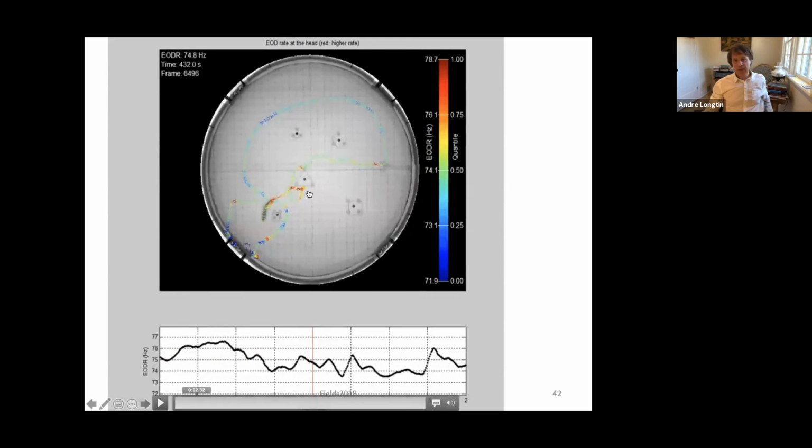So what happened here is that the food used to be here and it's no longer here. That's what we call a probe trial. And the fish is really not happy about this and increases its sampling rate at this point. It doesn't seem terribly hungry because it's kind of wandering around before finding the food, but it may be a bit lost at the beginning and it's just finding its bearings with these landmarks, and finally gets here.